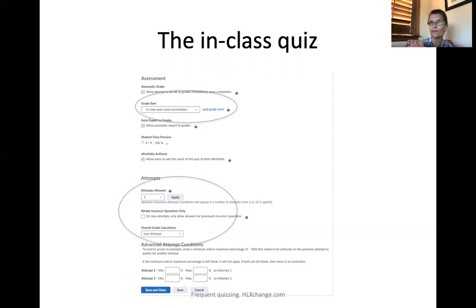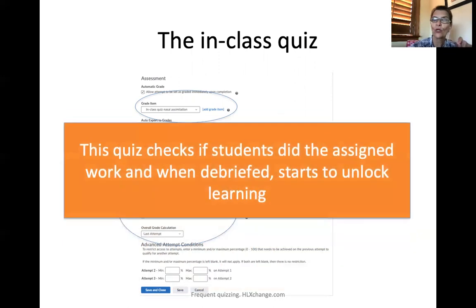This is a very effective strategy for quizzing students in a low stakes way that involves them in collaborative learning, and it is also a way of checking to see if students did the assigned work. I then use it to debrief, which also starts to unlock learning.